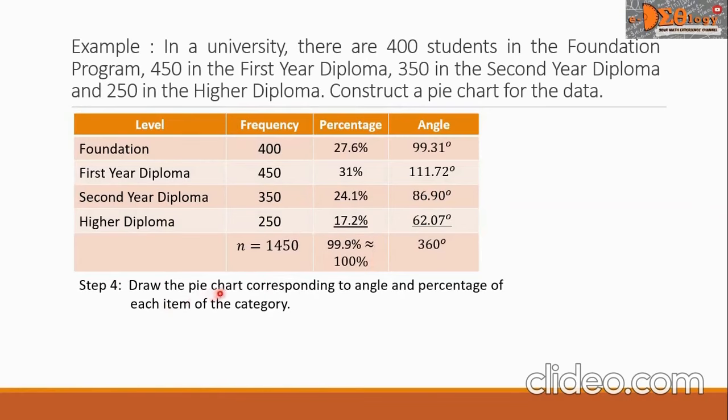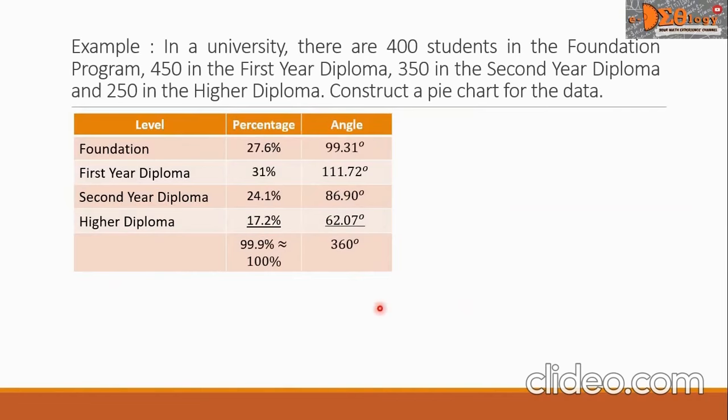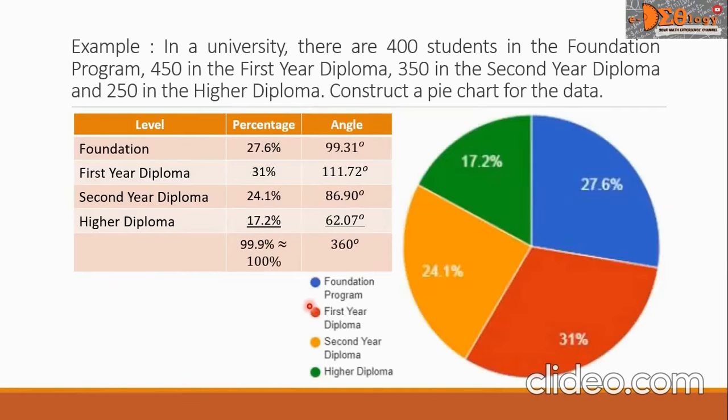Draw the pie chart corresponding to the angle and percentage of each item of the category. So let us minimize our table because we are going to draw the pie chart. This is the finished product, the pie chart of this example.